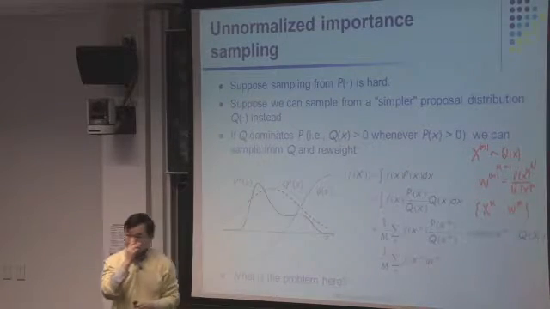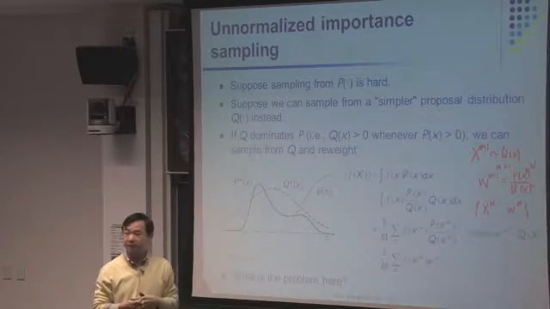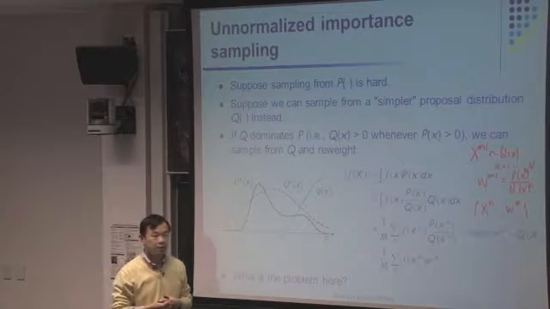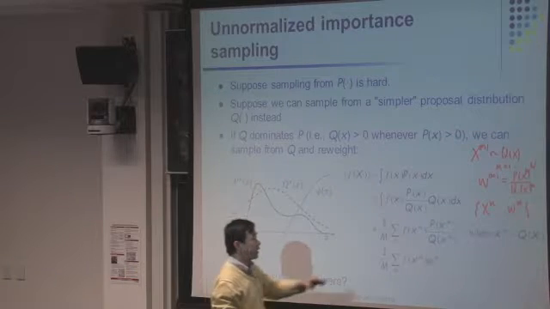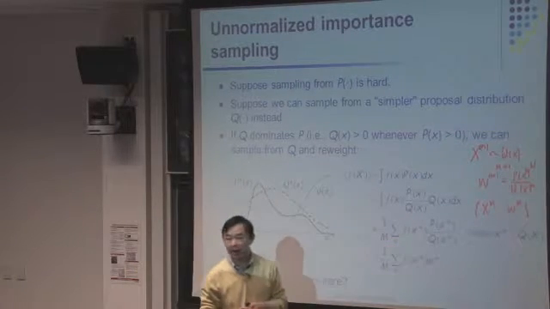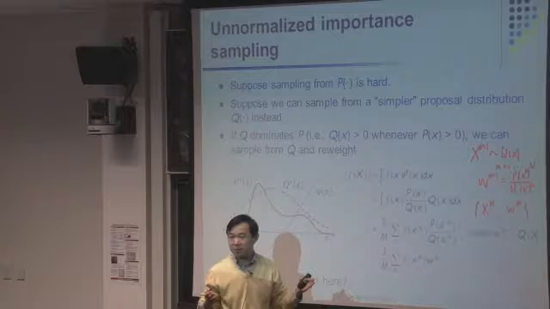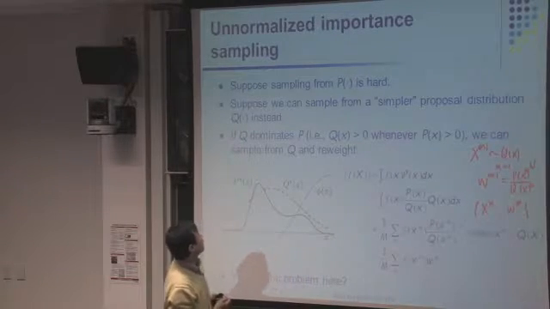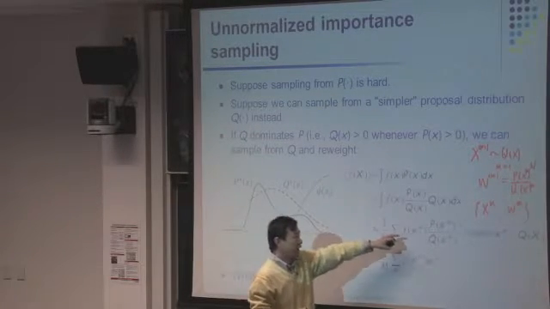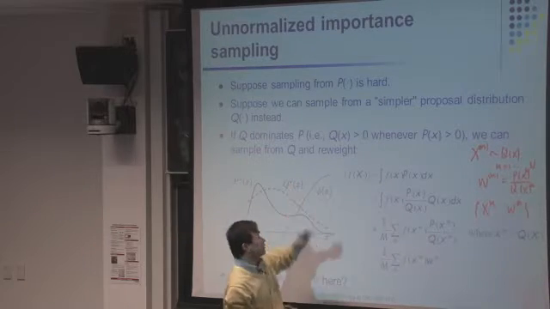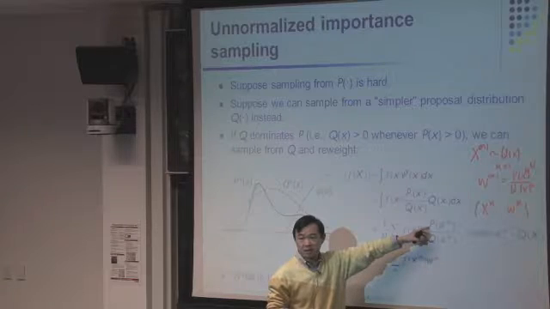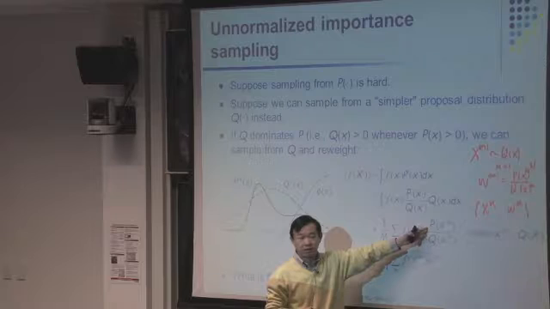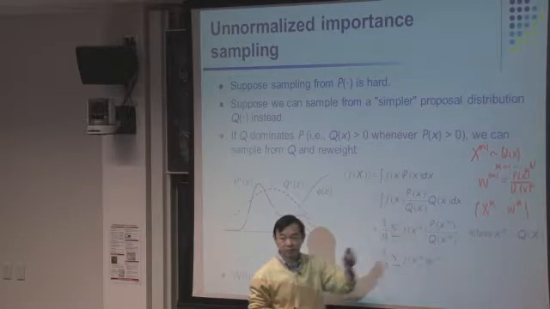Now, what problem can you imagine for this technique? What's that? You need to calculate P of X^i, right? I need to calculate P of X^i, and again, I just said this is not always possible. In fact, here I have to use the unnormalized version because I have to use P as it is and assume that I can actually compute P. And this is not always possible for a complex distribution.